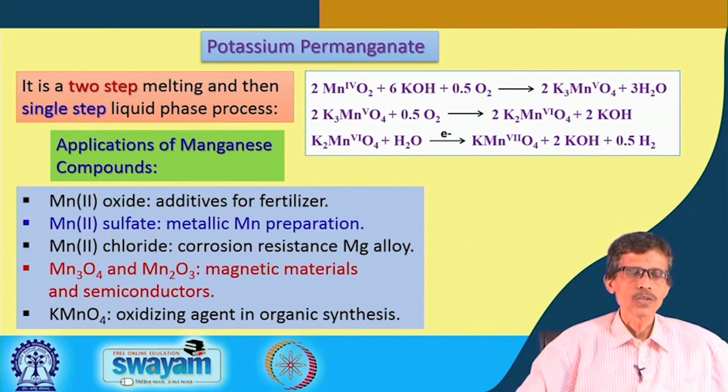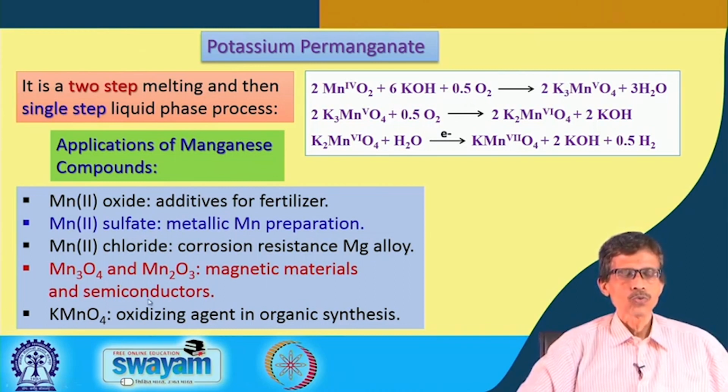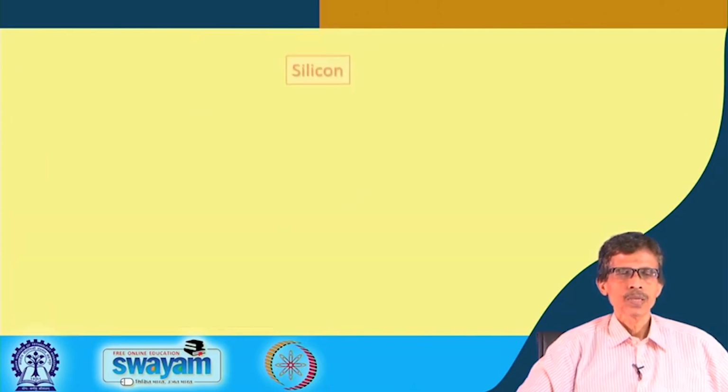Sometimes they can also be used for semiconducting applications. And KMnO4 is a very useful oxidizing agent, an analytical reagent in analytical chemistry, and is used in different organic synthetic reactions as an oxidizing agent.